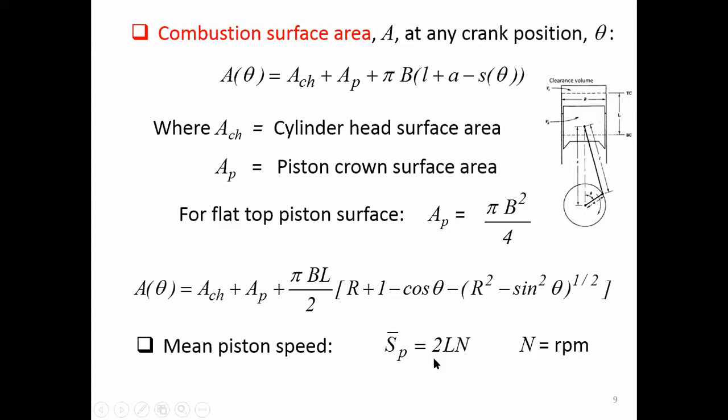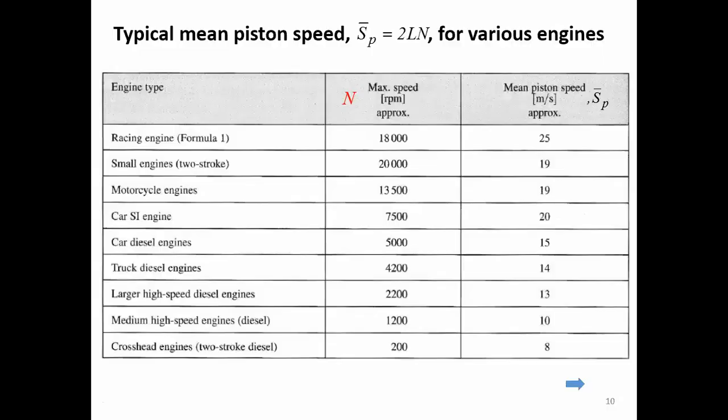The unit depends on the unit of the stroke and the time, so it can be millimeter per minute, centimeter per minute, or meter per minute, as long as you use RPM for the engine speed. This is how we calculate the mean piston speed.